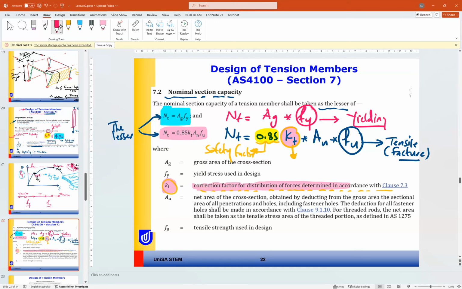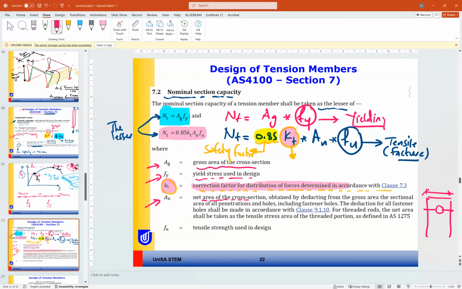The definition of the parameters: AG is the gross area, F yield is the yield stress, AN is the net area. So again, if you have a hole, area net will be the area excluding the hole. Okay, so this is what is meant by area net. Fu is the tensile strength of steel.